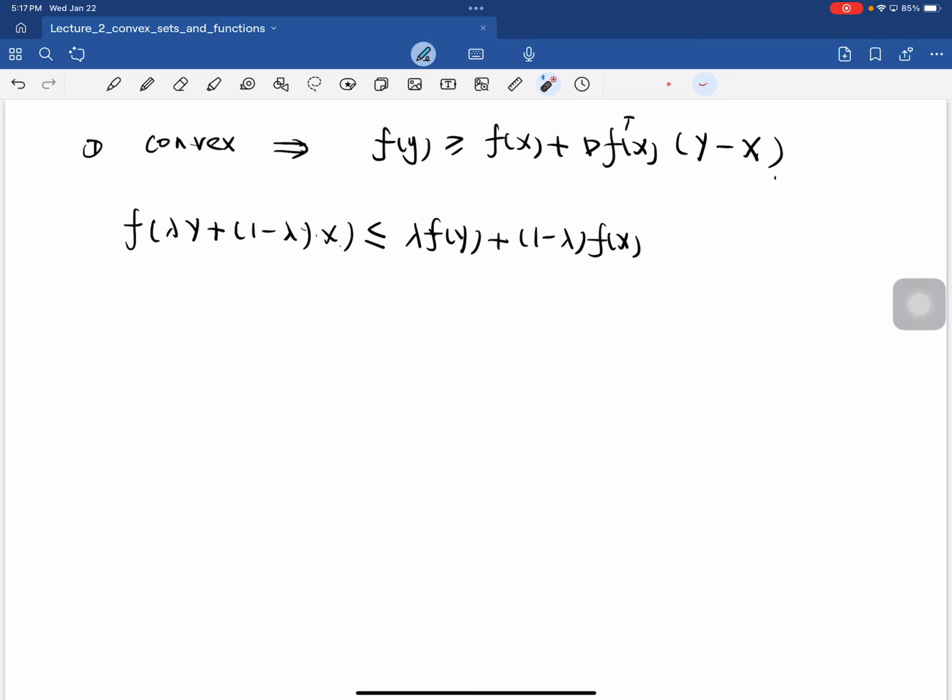So here you could play with this equation a little bit. Let's say you could rearrange the left-hand side a little bit, saying we have f of x plus lambda times y minus x, right?